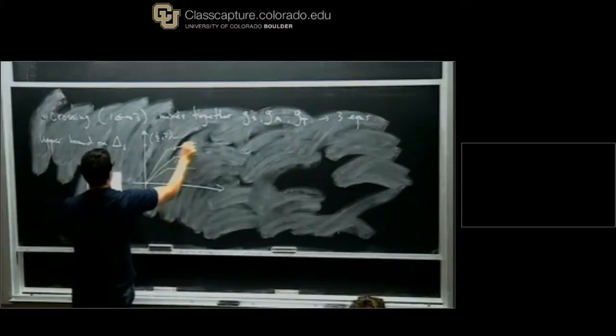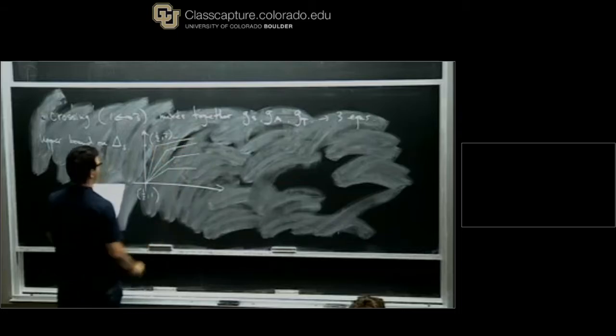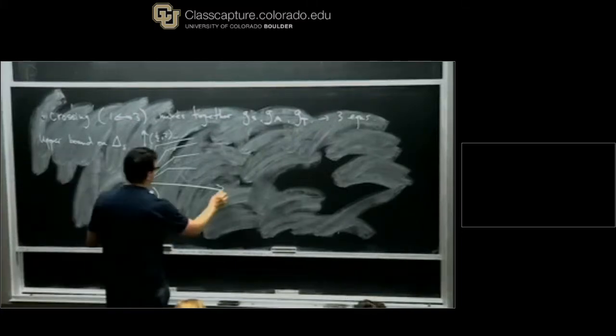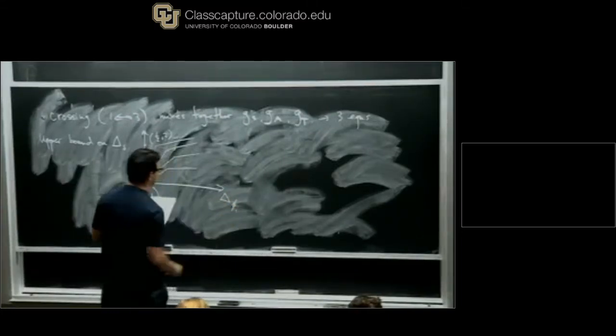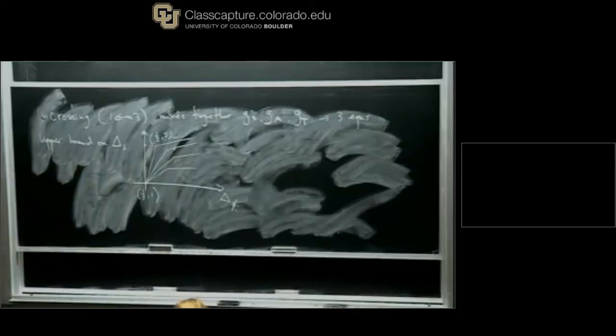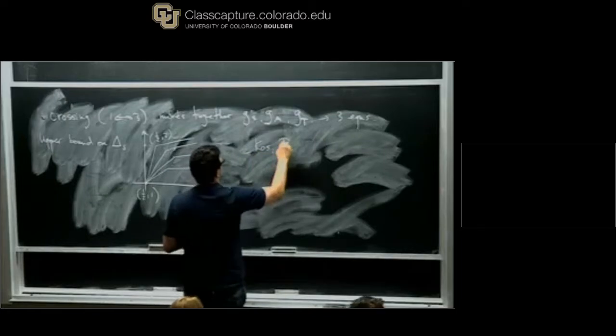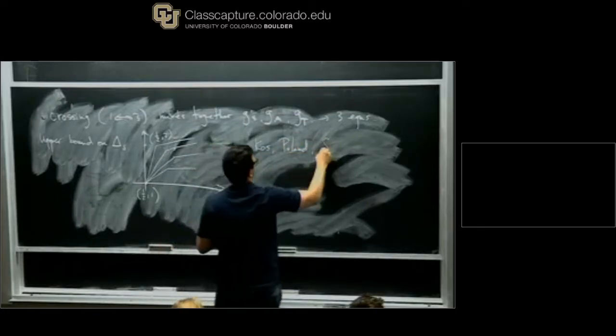So I'm plotting the bounds for various values of n. And these are upper bounds, as a function of the dimension of phi_I. This was done by Kos, Poland, and Simmons-Duffin.